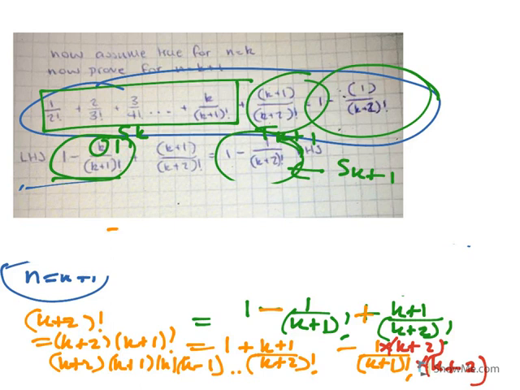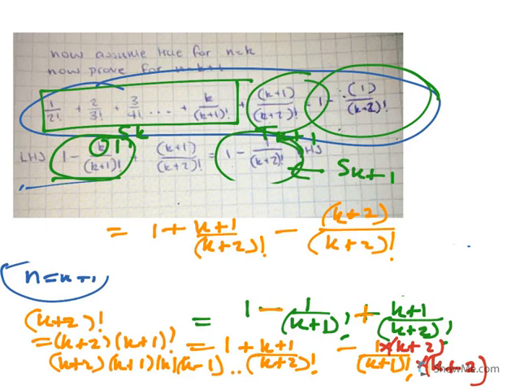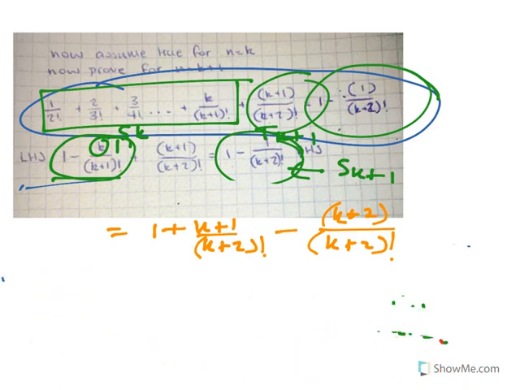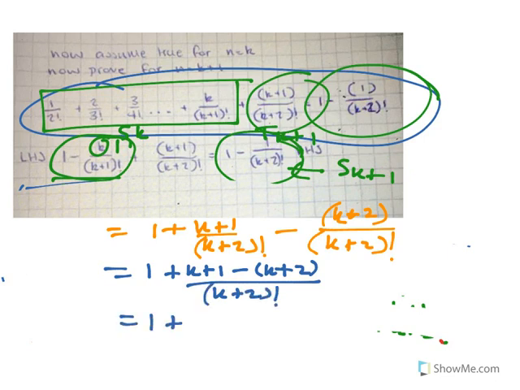So if we look at that line there, that is 1 minus 1 plus k plus 1 on k plus 2 factorial minus k plus 2 on k plus 2 factorial. Okay, so that's 1 plus k plus 1 minus k plus 2, and it's all over k plus 2 factorial, which is 1 plus k plus 1 minus k minus 2, over k plus 2 factorial, that's the denominator.